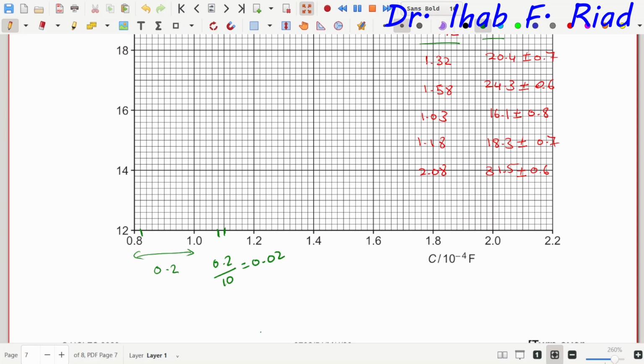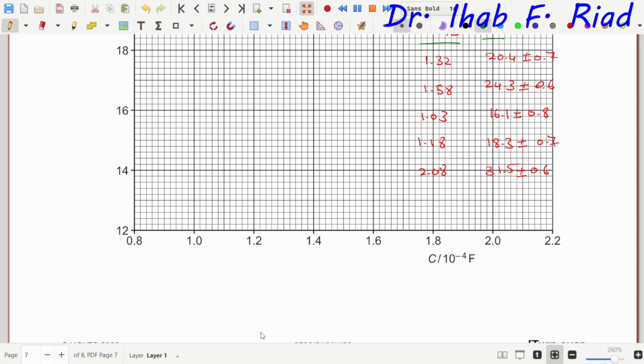Now on the y-axis, each big square is 2 seconds, right? So one small square is 0.2 seconds. 0.2 what? Seconds. Okay, this is good. Now we know this information. This is 0.02 and this is 0.2.